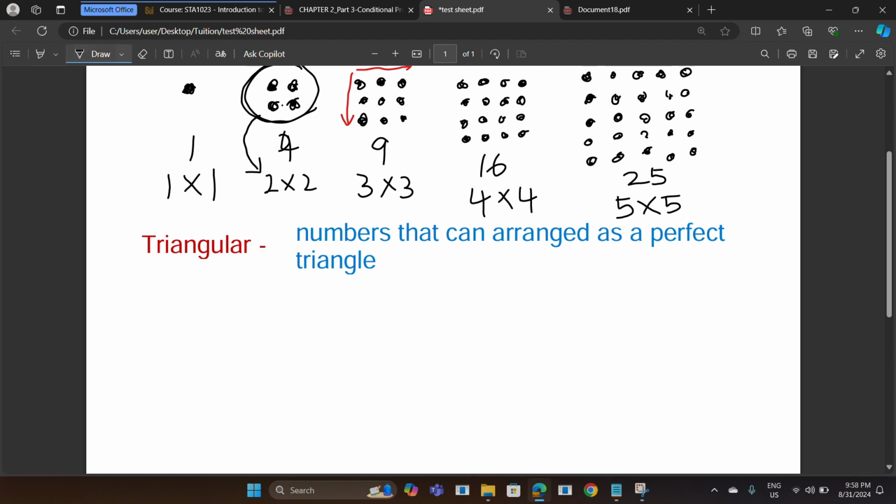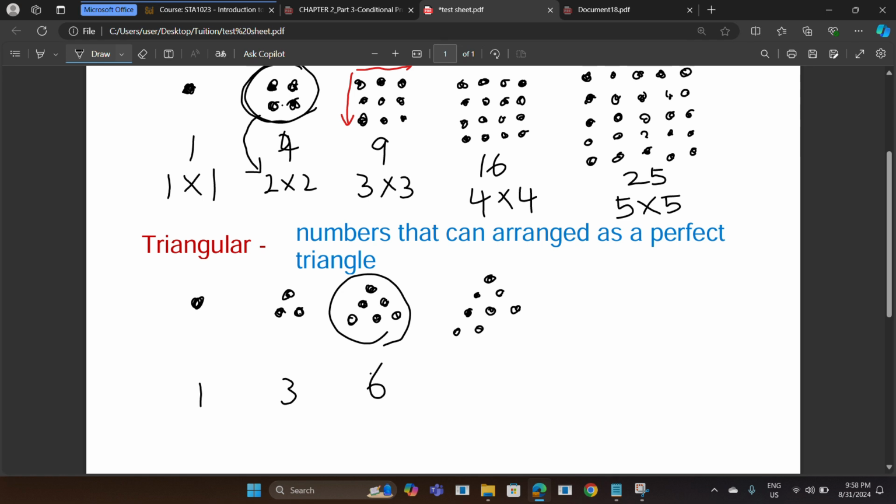Let's draw the dots. The first triangular number is 1, using a dot, and the second triangular number, using dots, is 3. This is the third triangular number, it is 6, and this is the fourth triangular number, 10.